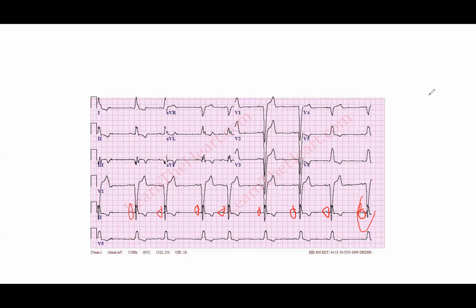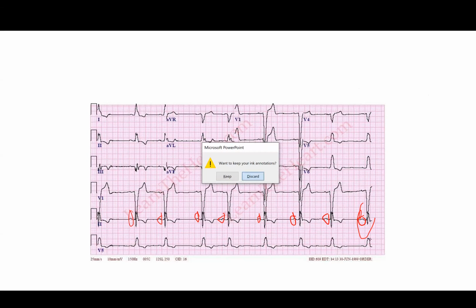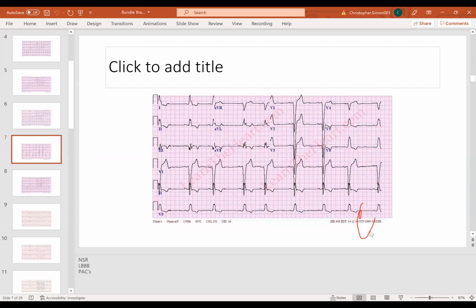Oops. I really thought I was erasing. Uh-oh, I broke it. Go away, you red line. There it is. All right, now let's unbreak it.